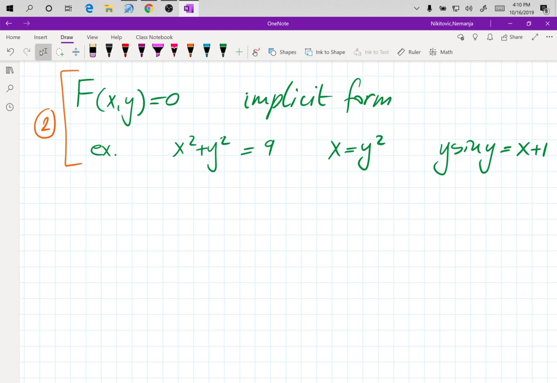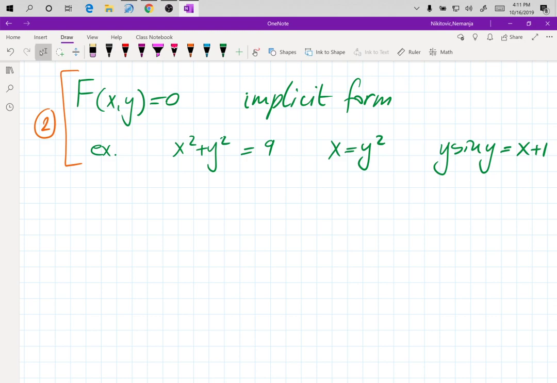Now, all of those have tangent lines, right? I can go to a certain point, let's say 1, 1, and draw the tangent line. Now, the slope of that tangent line is computed through the derivative, which means that we can find the derivative of these implicit forms. We just need to figure out the way to do it. The last example I had was y sine of y equals x plus 1.